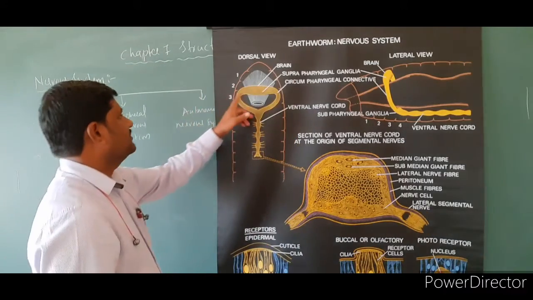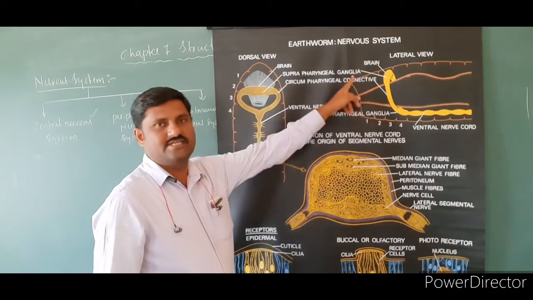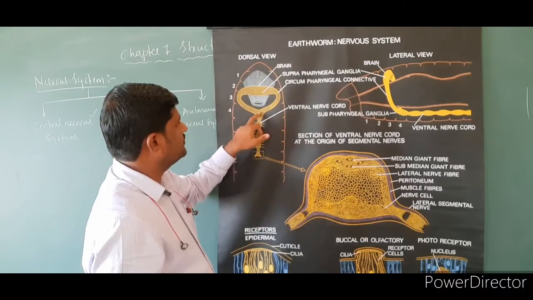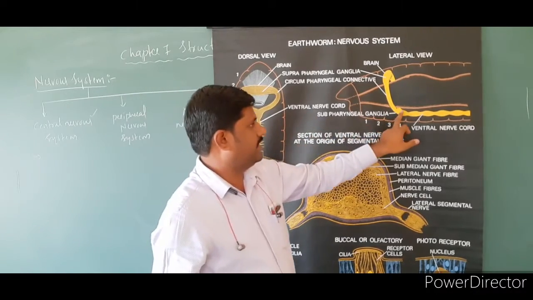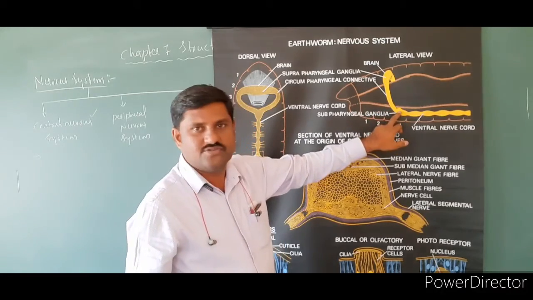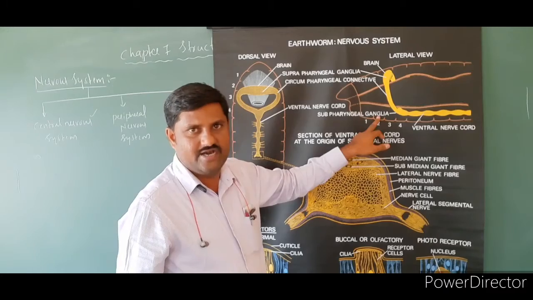See here, this is said to be a suprapharyngeal ganglion, and the next one is below this one. This is a bilobed structure. This is also a bilobed structure. It is called the subpharyngeal ganglia, right?